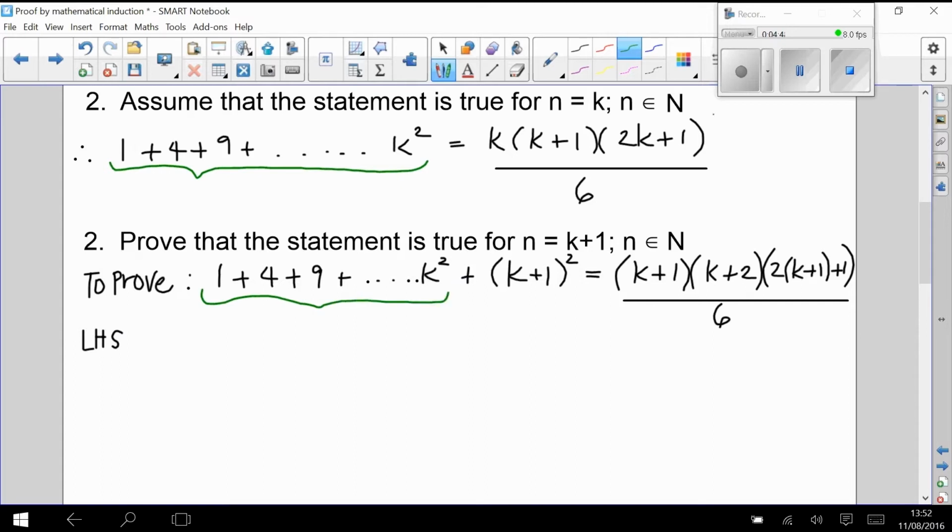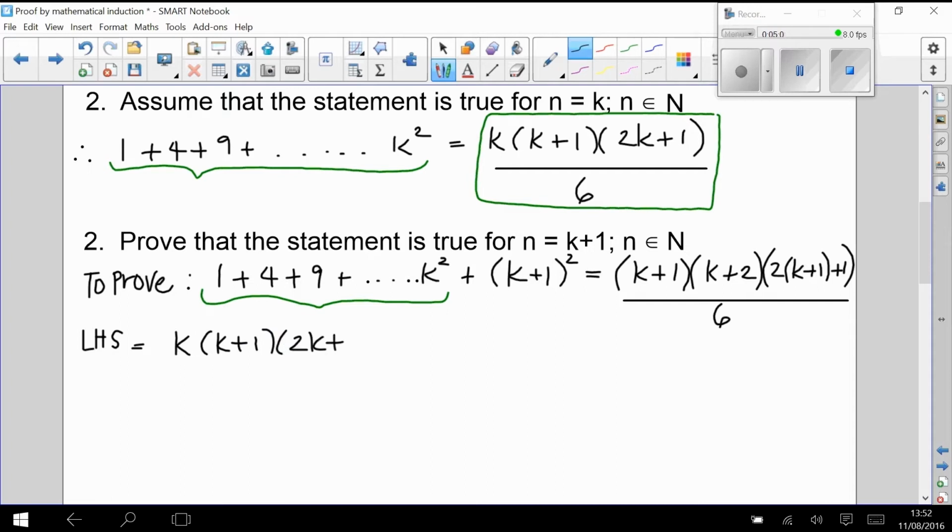In other words, I'm going to replace that in my proof by this statement over here. So I can now write my left-hand side as k times k plus 1, 2k plus 1 all divided by 6, and then plus the additional term of k plus 1 squared. Remember, I can't write the right-hand side down because I'm proving.